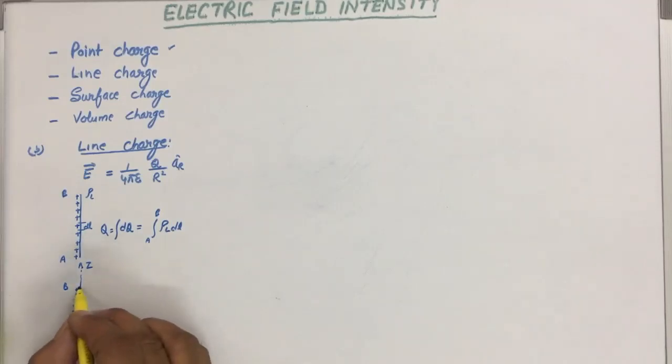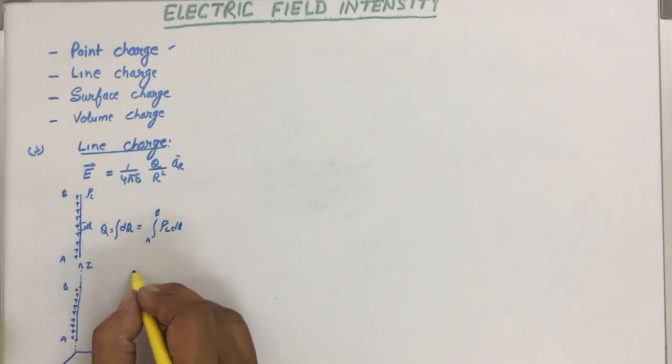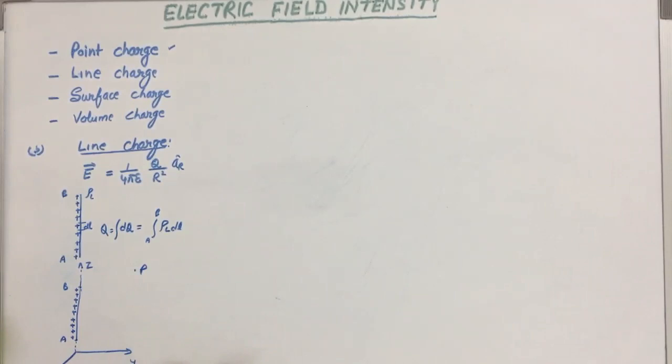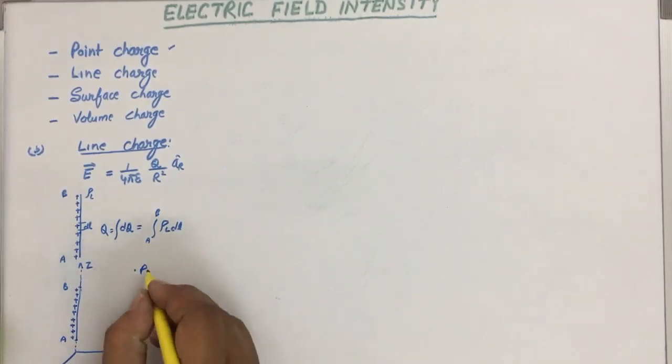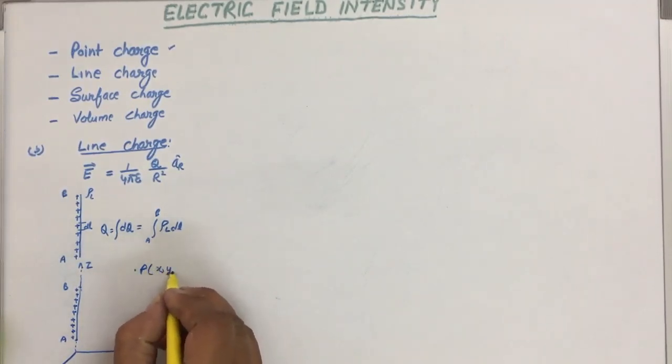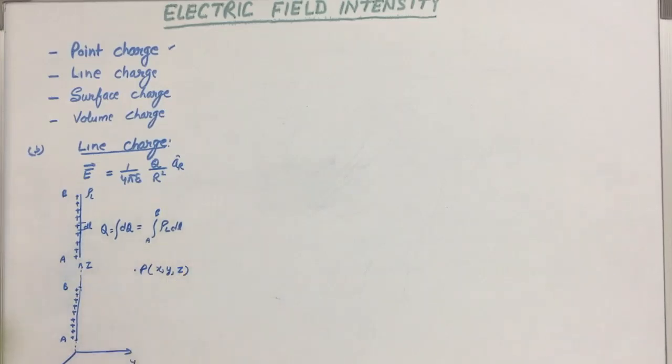Now we have to find the intensity of this line charge at any particular point, for example point P, whose coordinates are x, y and z.